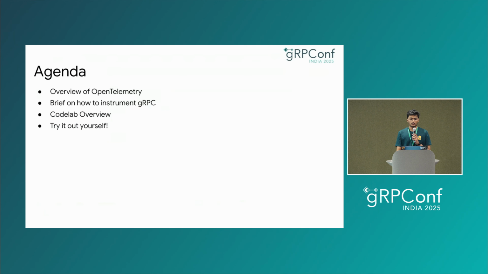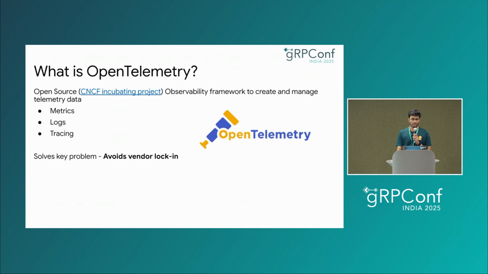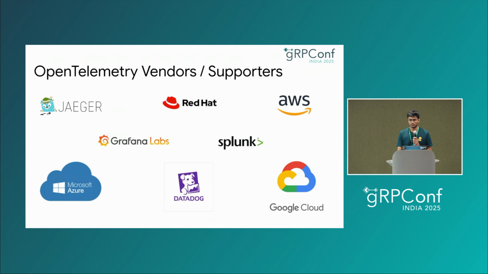But before that, just a brief overview on OpenTelemetry. At the very basic, OpenTelemetry is an open source observability framework which helps us to create and manage telemetry data. It allows you to do metrics, logging and tracing, and it solves a key problem of avoiding vendor lock-in. That is, irrespective of whether you want to export metrics to Google, AWS or Datadog or even your own custom solution, you can easily do that.